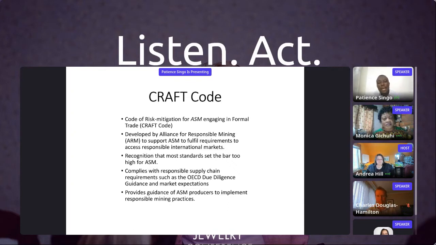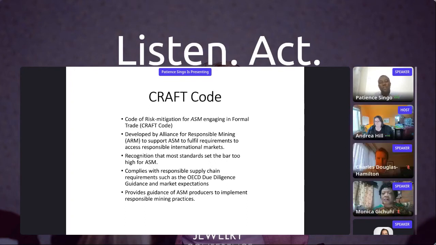It really supports the ASM sector, especially the lower level ASM, to fulfill the requirements to access responsible international markets. I think I should say that prior to the craft code, a number of initiatives were developed, for example, Fairmined, Fairtrade Gold, and a host of other standards. And it was understood that these standards had a higher level of compliance and could not adequately fit the needs of small scale miners. Therefore, craft was defined and developed.